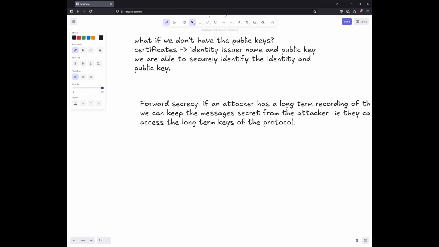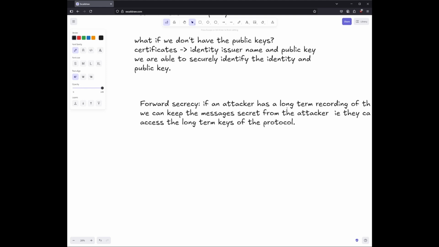The best way to keep it safe would be using forward secrecy, by having keys that will keep the session safe even if we have these records.